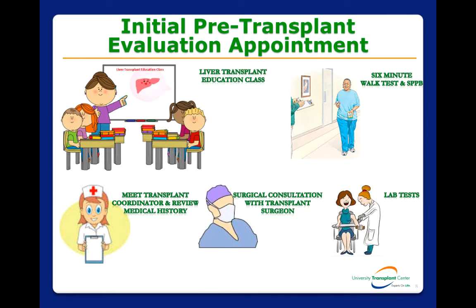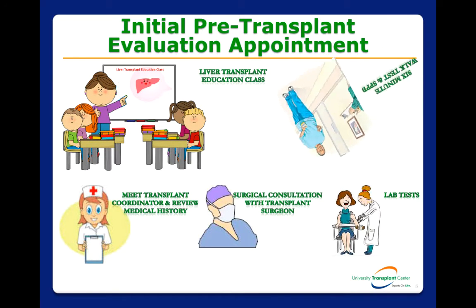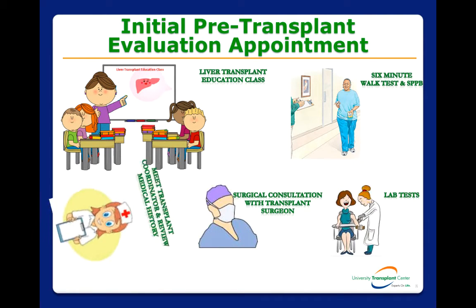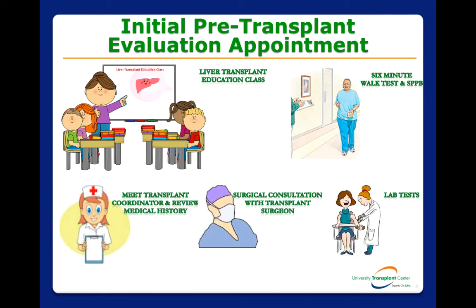Today, after this education class, you may be asked to complete a 6-minute walk test and a short physical performance battery test to help determine your current functional status. If your results are poor or you're unable to complete the test, you may need rehabilitation services or lung testing. You will meet your transplant coordinator and review your medical history.